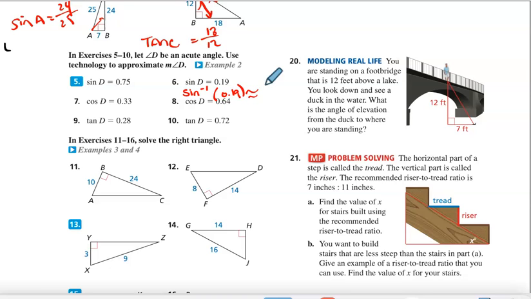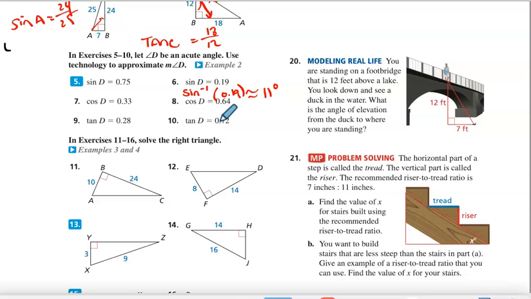On my calculator, I'm going to press second sine, which gives me sine to the -1 power, but it's not a power, it's called sine inverse of 0.19. And this is going to give me about 11 degrees.